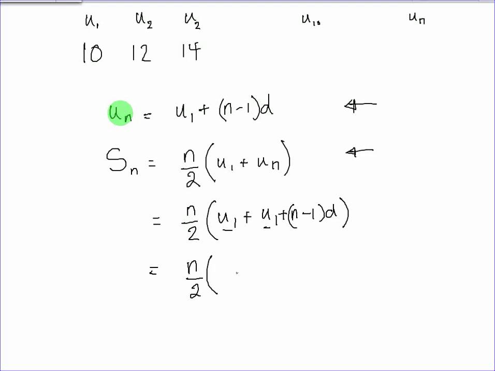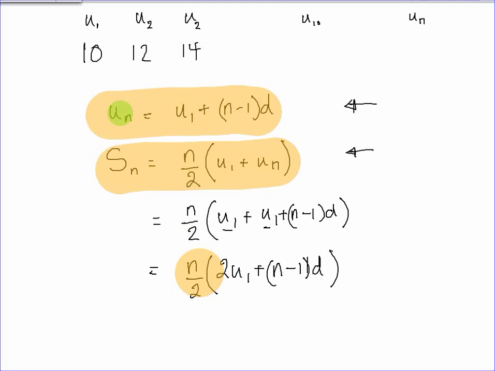Un, U1, U1, two lots of U1 plus n minus 1 differences, and there we go. I have myself a set of formulas to work with: any term, the sum, and an alternative formula here if I wish to use it. And so there we go. That's our sequences and series, and this deals with arithmetic.